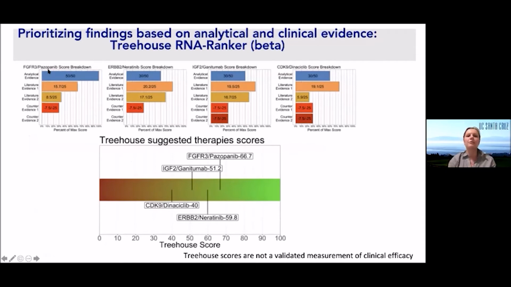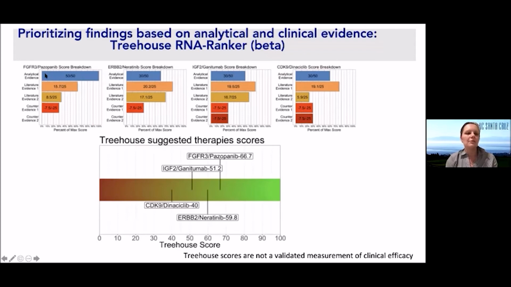So for example, in this case, we found 4 different genes that are overexpressed, and all of these genes could be potentially targeted, or all these proteins could be targeted by a targeted therapy that's available.